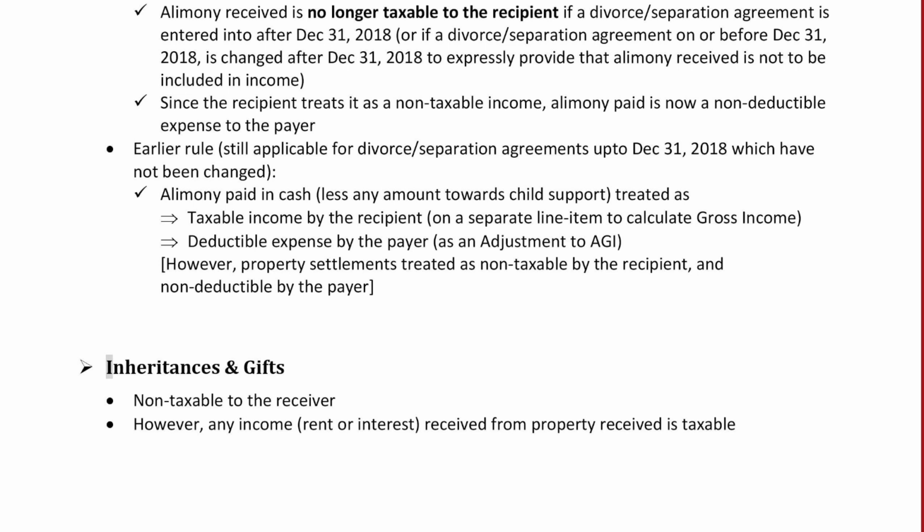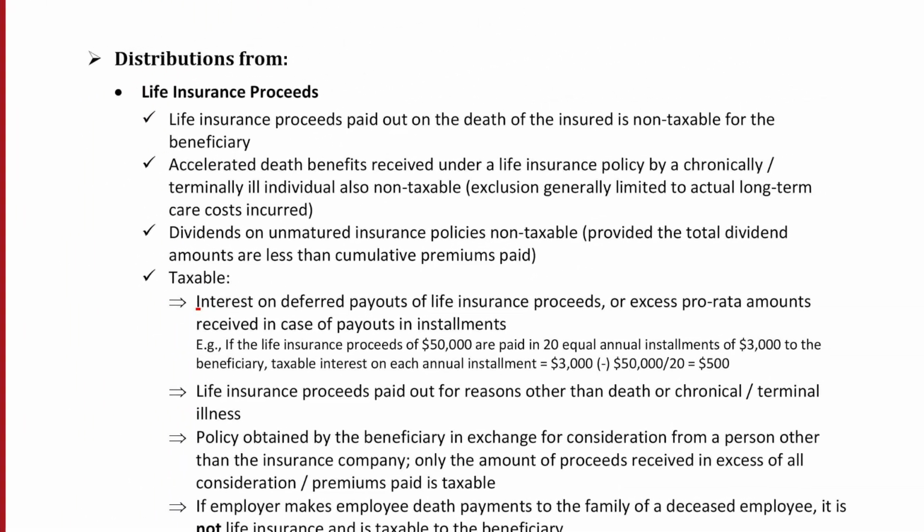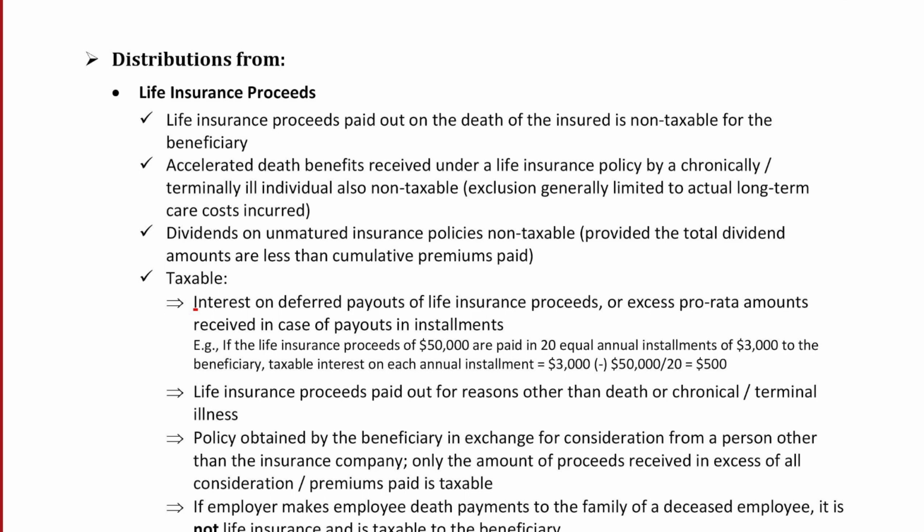The next non-taxable item out here, the I of AID, which is inheritances and gifts, which are non-taxable to the recipient. And we're going to cover this in Reg 2.1. Move to page 51, where we've got the D of AID, which is distributions.